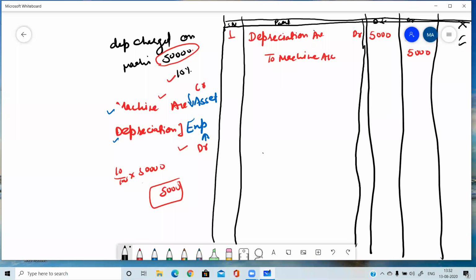Now end the journal entry by writing the narration: being depreciation at the rate of 10% charged on machine. Yes, here one transaction, one journal entry is completed.